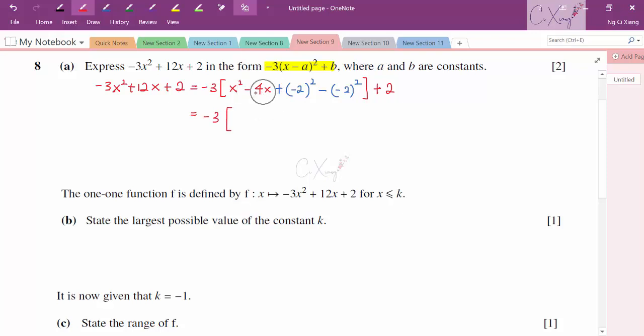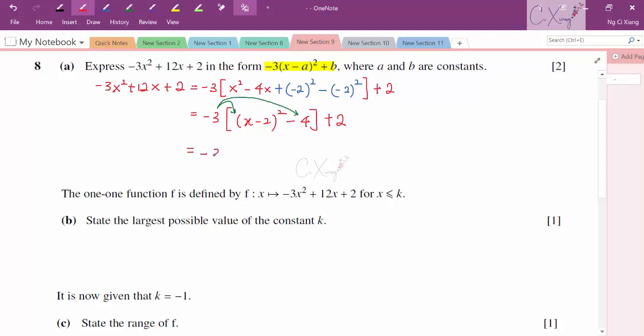Okay, so when I try to factorize the first 3 terms here, it will become x minus 2 with a big bracket squared, and minus 4, plus 2. Alright, and after that, to further simplify it, I need to multiply the negative 3 with the first term, which is the bracket, and also multiply the negative 3 to the second term, which is negative 4.